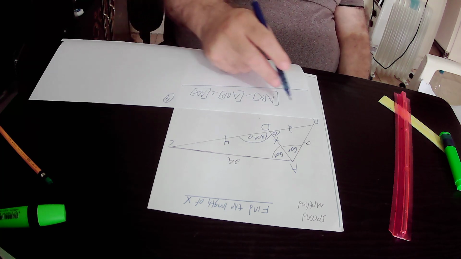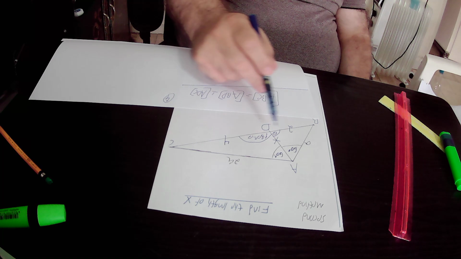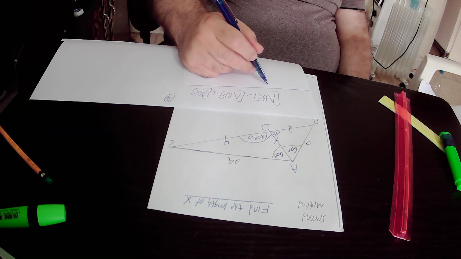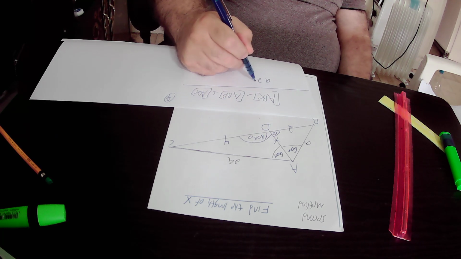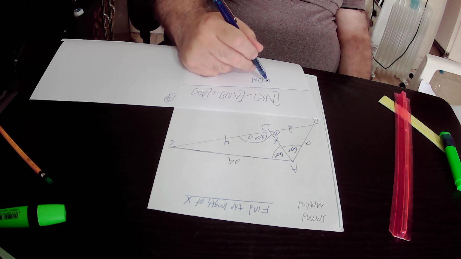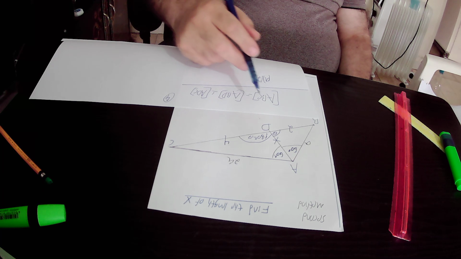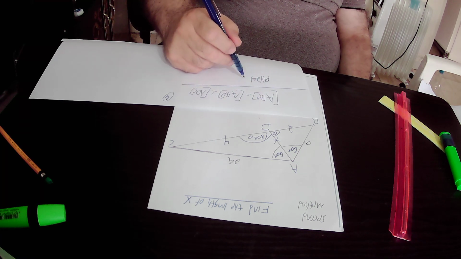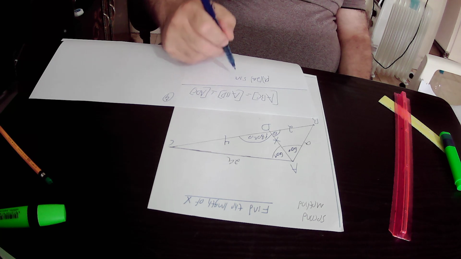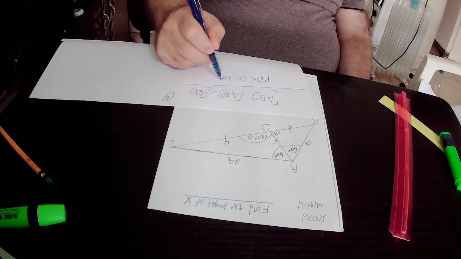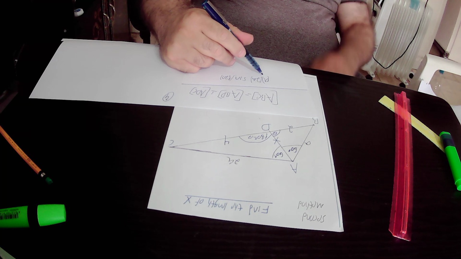we get that the area of triangle ABC will be equal to A times 2A times sine 120 degrees over 2.